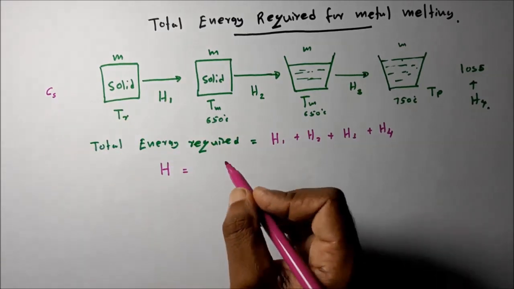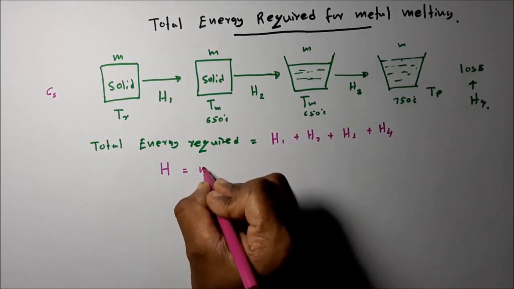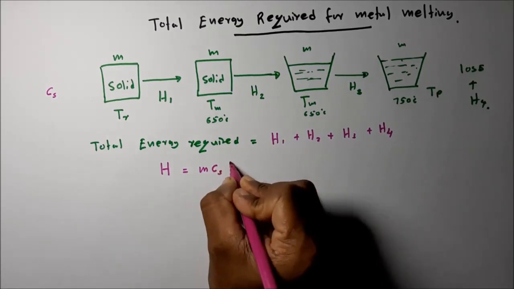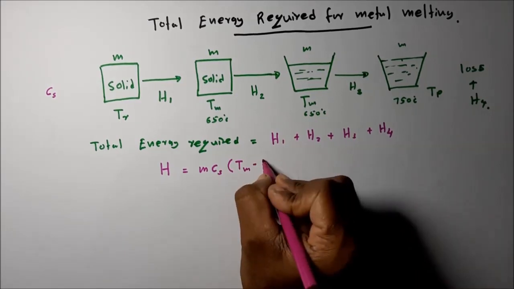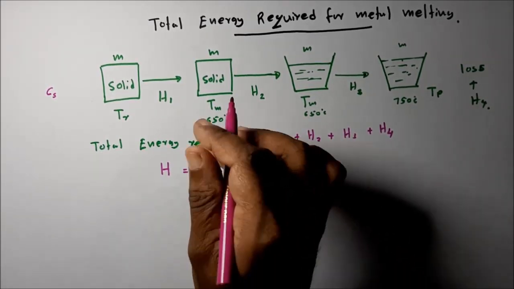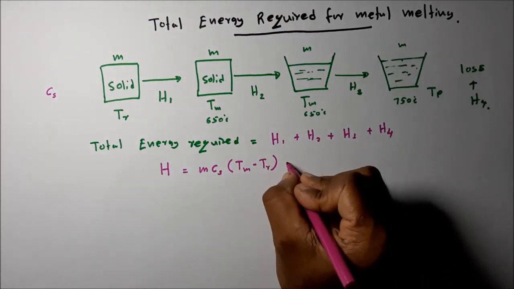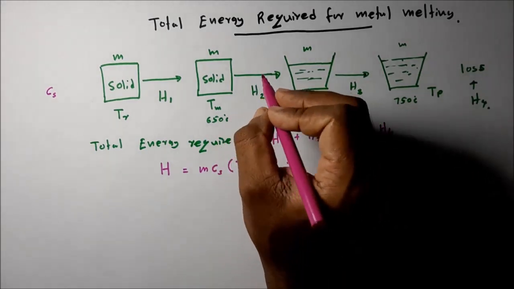Then H1 we can write as M CS, with the temperature difference Tm minus Tr, the room temperature. This is H1, to take the solid to the melting temperature, plus H2. What is H2? The latent heat of fusion.